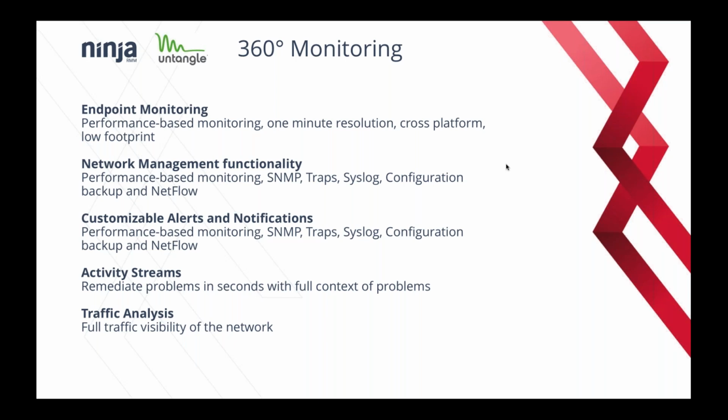Activity streams. We keep track of all historical data that happens on each individual device, and you almost get a Twitter-like feed of everything that has happened on a particular endpoint. So if you want to go back and do some diagnostics, figure out what happened at a point in time and what caused a certain issue, we give you the full capabilities to do that.